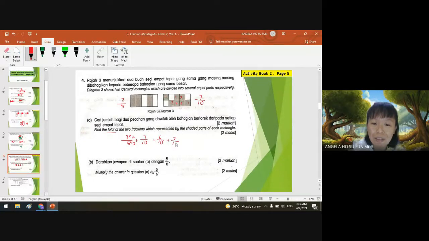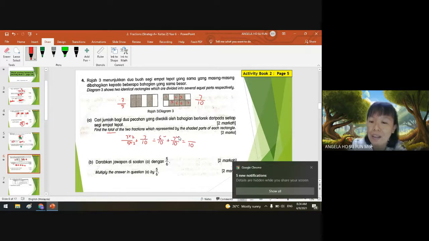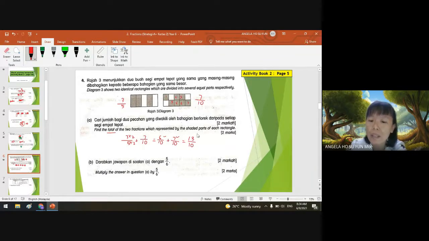So after that, when you have 10 and 10 equal, it's not 20, it still remains 10. Denominator, no addition. You only add up the numerator. That is 6 plus 7, which equals 13. But of course, you can't leave your answer like this because this is an improper fraction.